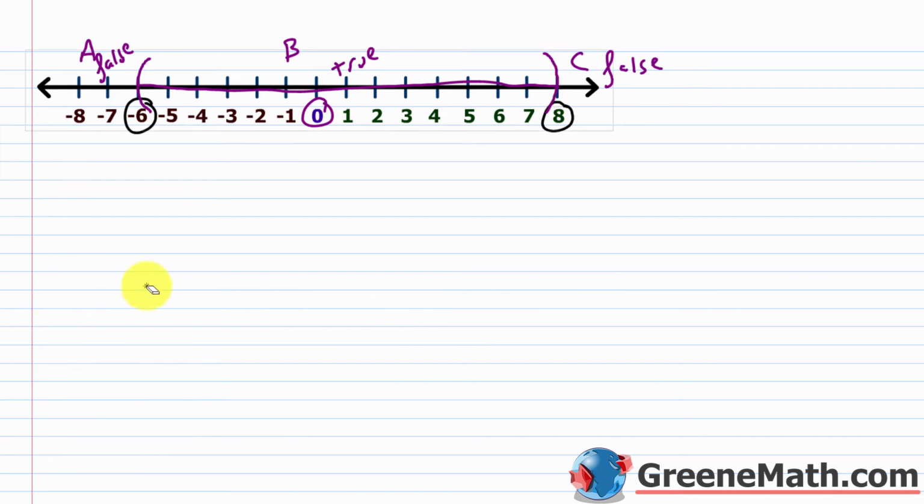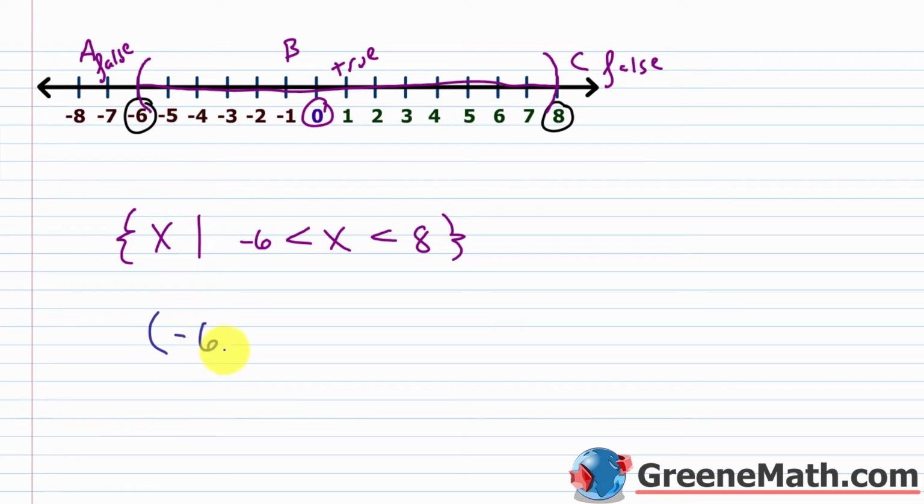So in set builder notation, we could say the set of all x such that x is greater than negative 6 and less than 8. And then to kind of wrap this up, I'm just going to use interval notation. I'm going to have a parenthesis, negative 6, and then up to but not including 8, so another parenthesis. So this is my interval. Again, anything larger than negative 6, up to but not including 8.